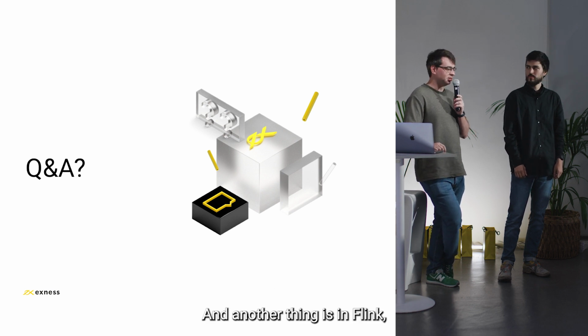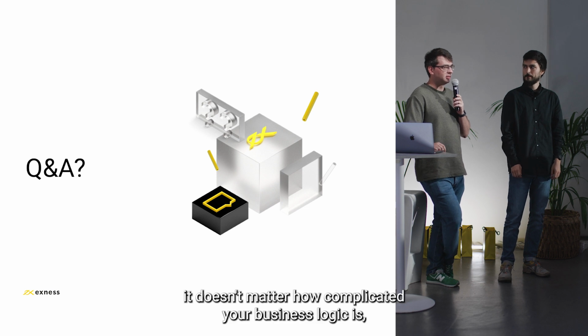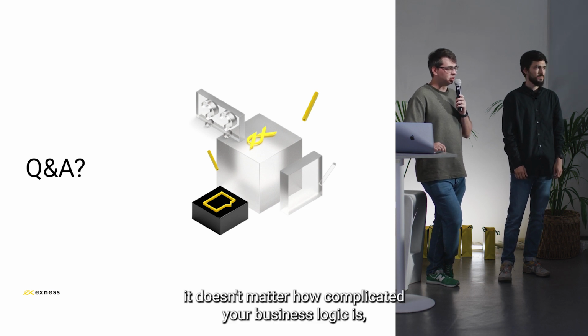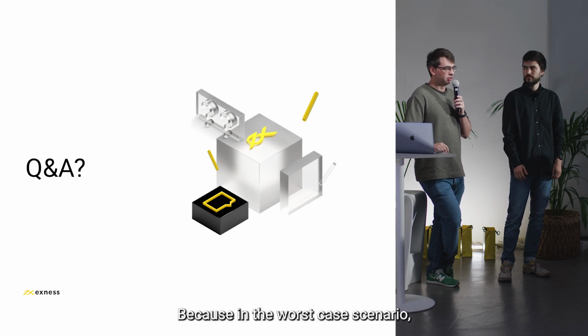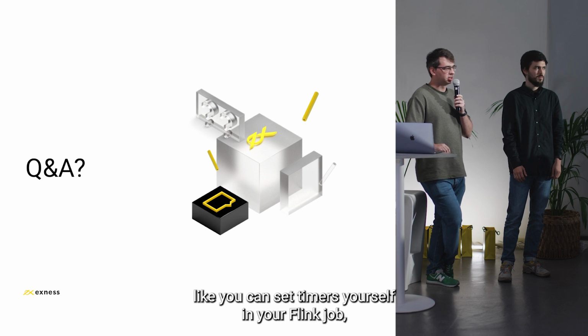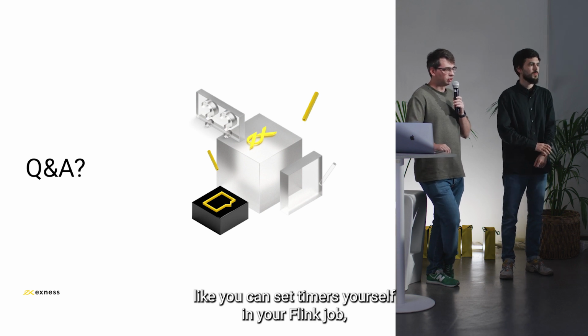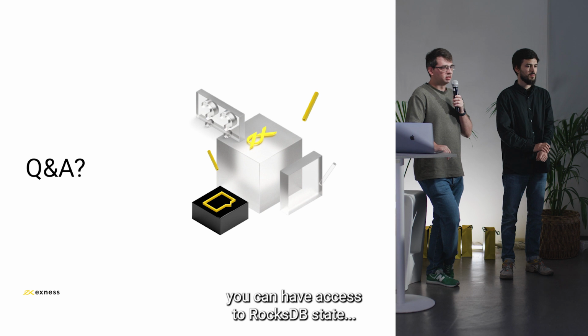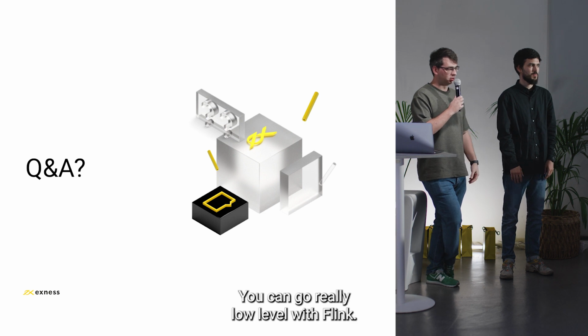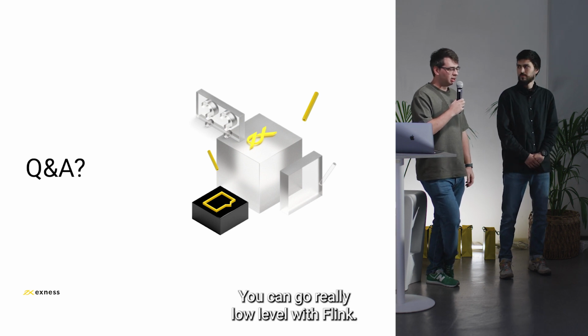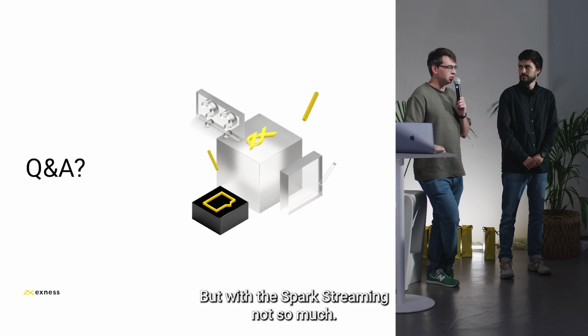Another thing is that in Flink, no matter how complicated your business logic is, you can solve it 100%, because in the worst case you can set timers yourself in your Flink job and have access to RocksDB state. It's very low level. You can go really low level with Flink, but with Spark streaming, not so much.